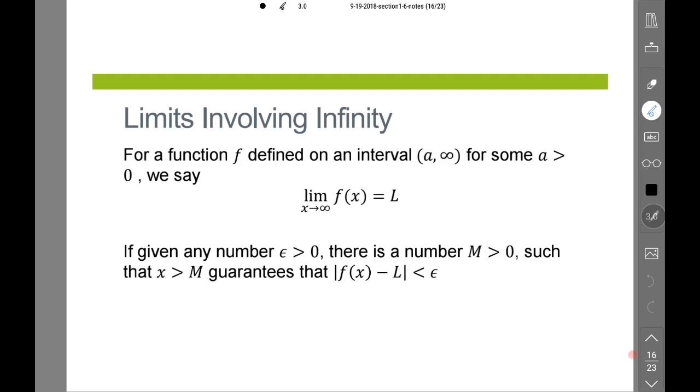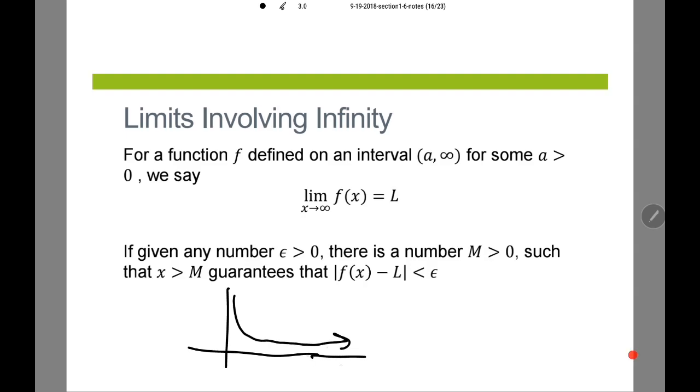Now, if we have a function where x is approaching infinity, we can find a number epsilon greater than 0, and then this m is greater than 0, such that x greater than m guarantees that my function minus my limit is less than epsilon. So this combines the other piece, where our function goes out towards a horizontal asymptote, and we need a number m that x is bigger than.